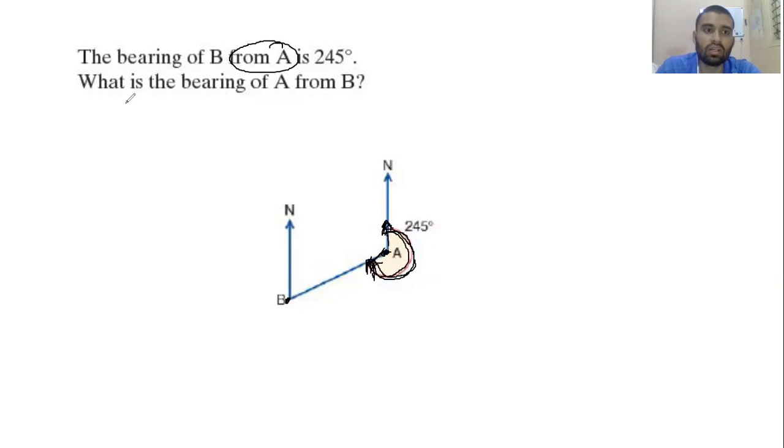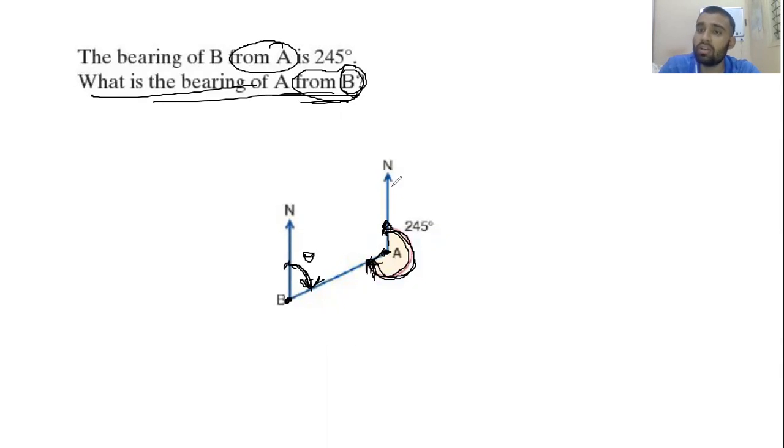Now they're asking what is the bearing of A from B? That means you now need to stand at point B, and you need to look at point A. So how much do I turn? Remember that you always face north and start moving in a clockwise direction until you look at A. So basically you need to find this angle theta.